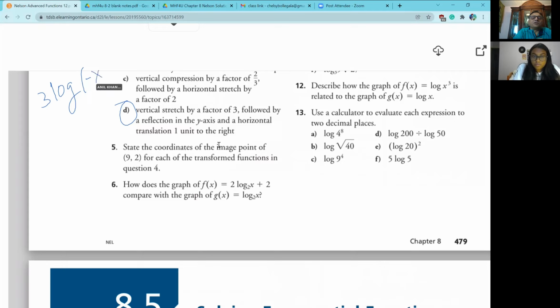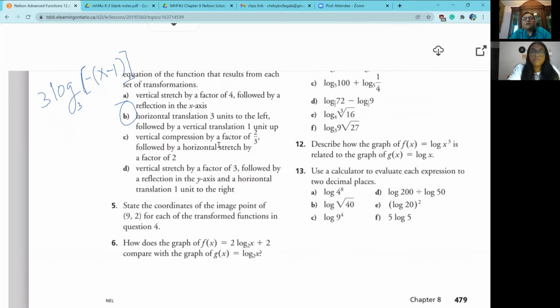So horizontal translation of 1 unit to the right means that'll go inside, right? So I should write square bracket minus x minus horizontal translation of 1 unit, right? Is that clear? And log to the base, I think it was 3, right?